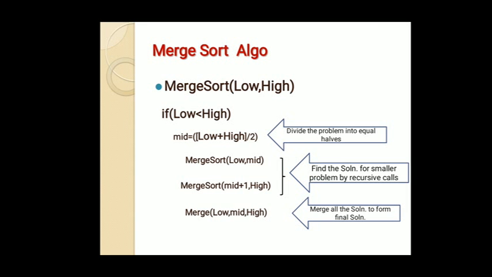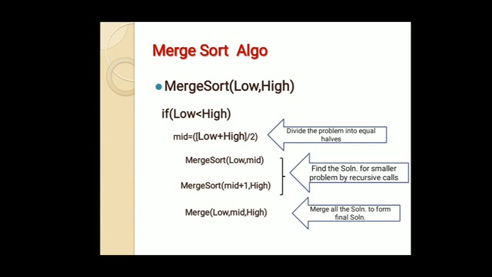So in the next immediate statement, we are trying to divide a larger problem into two halves initially. So mid is equal to low plus high by 2. The division by 2 itself is dividing the problem into equal halves. If it is an odd number of elements, you might not get equal halves, but we come up with a particular midpoint. That is the whole idea here.